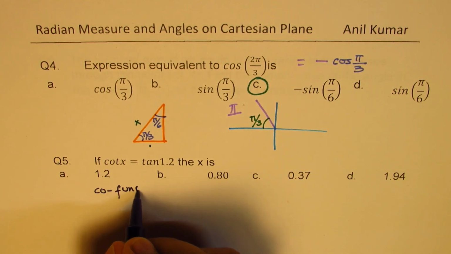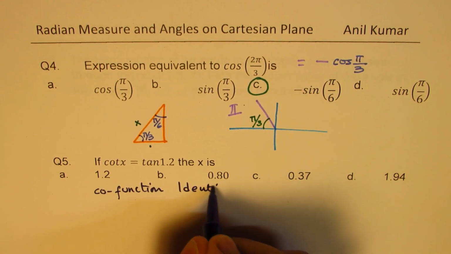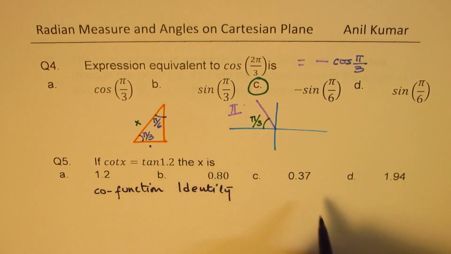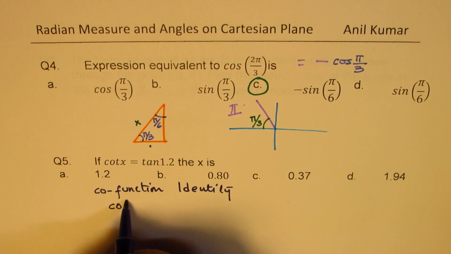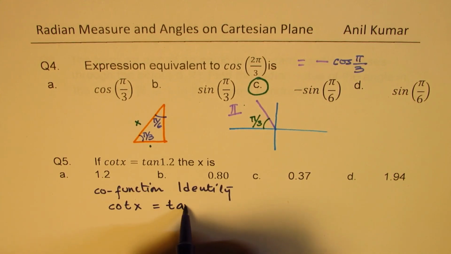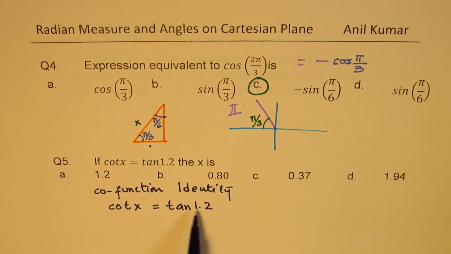So cot x is equal to tan of 1.2, which is given to us. So 1.2 is the angle, right? So what should x be? All right, so that is what we need to find.